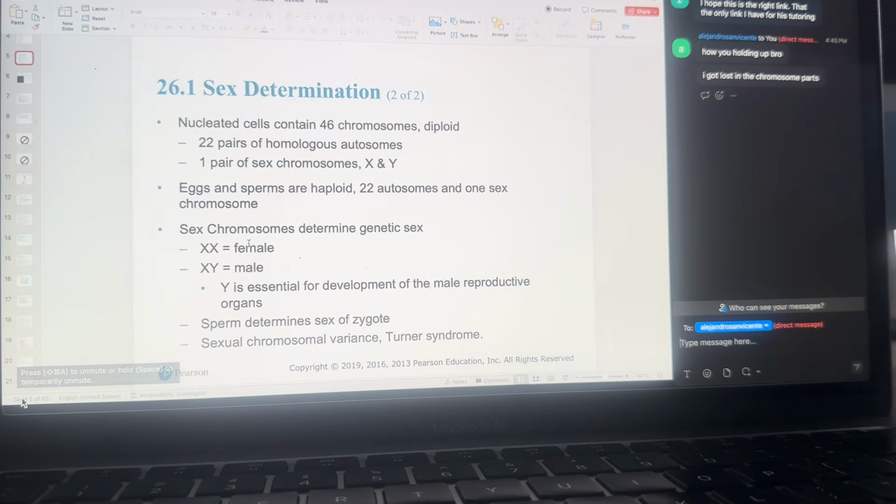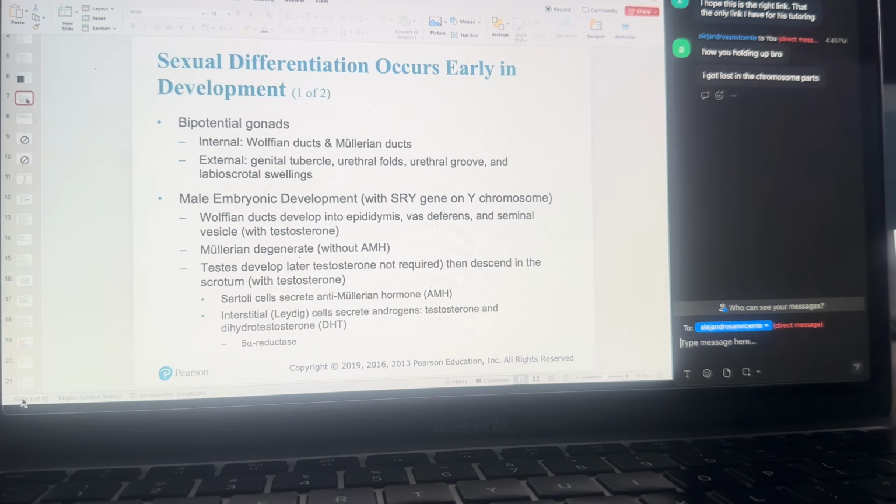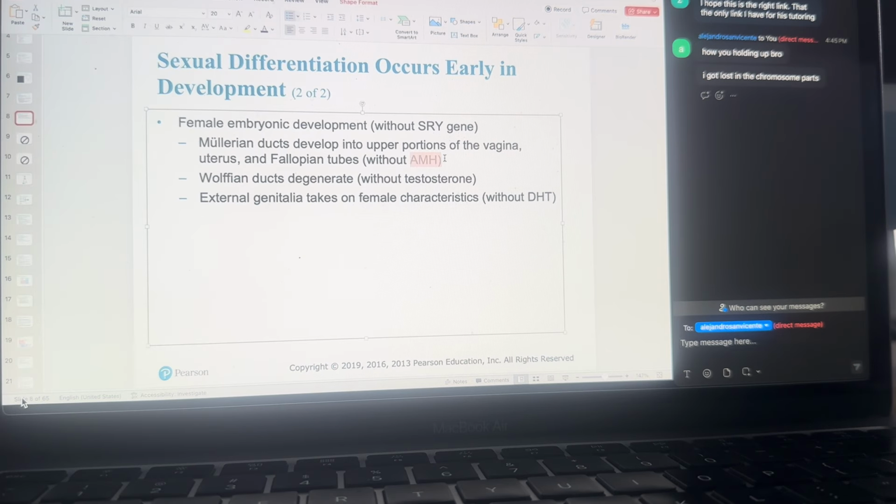We are dimorphic human beings with dimorphic sexual characteristics, either male or female, but that doesn't mean it always happens. Sometimes you can have an XXY. In this case, you are not only producing testosterone, but you are also producing AMH and estrogen that will support the production of the Mullerian ducts and the Wolffian ducts.